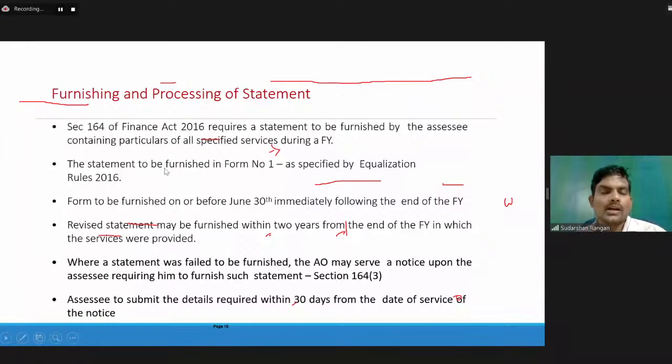Once all these things are done, your assessment process also happens. The assessing officer will check whether everything is there, and then accordingly pass the order. If you have not furnished it, he will send you a notice as to why you have not furnished it.